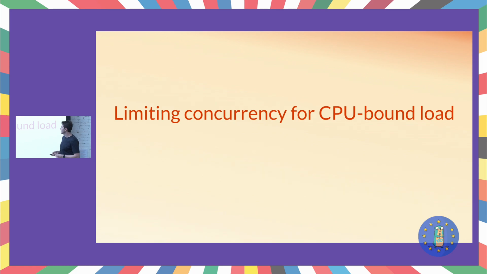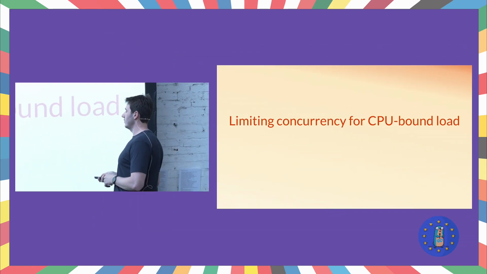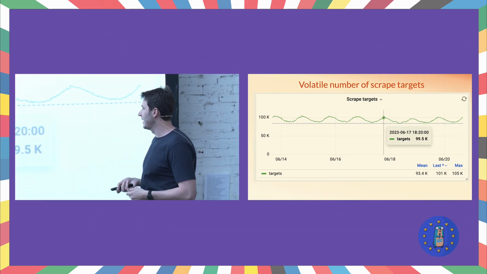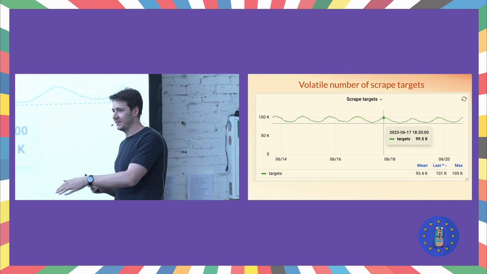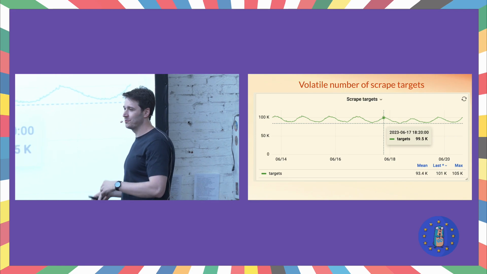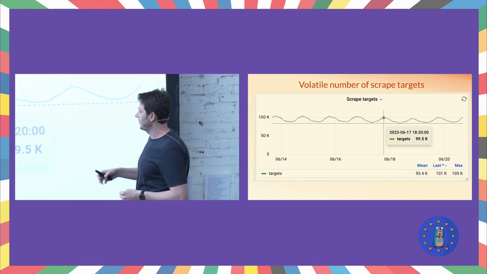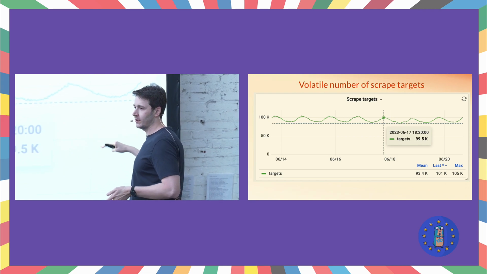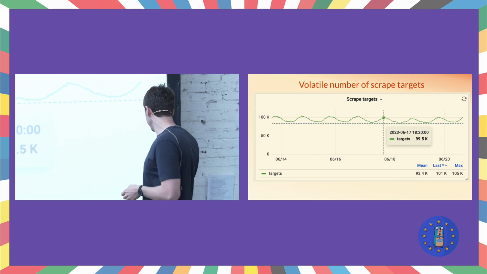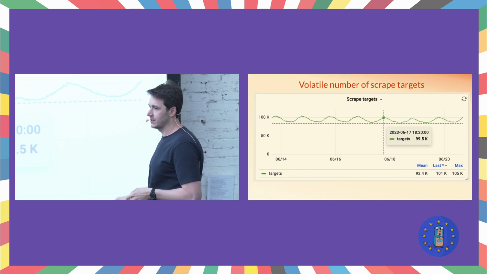OK, limiting concurrency for CPU-bound load. Remember I said that ingestion is kind of flatlined, but it's not always like that. You don't need to expect it will always be like that. Here we have daily fluctuations of the number of targets we scrape, and the margin is about 10,000 targets.